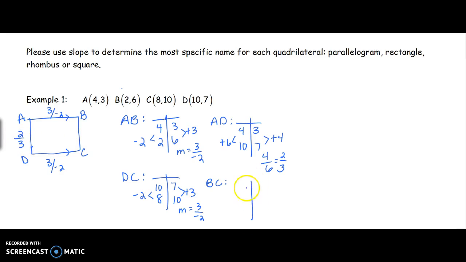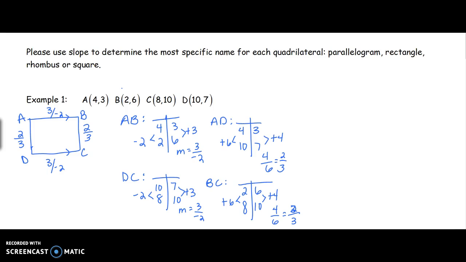And same thing here, BC. B is 2, 6. C is 8, 10. To get from 2 to 8, you add 6. 6 to 10 is add 4. So again, 4 over 6, or simplified, is 2/3. Always make sure you're simplifying your slopes because they do matter at this point.